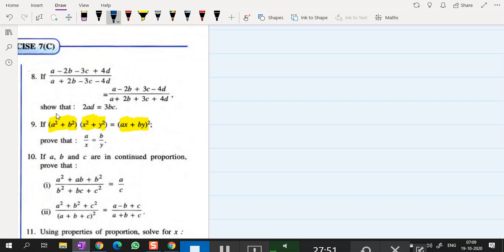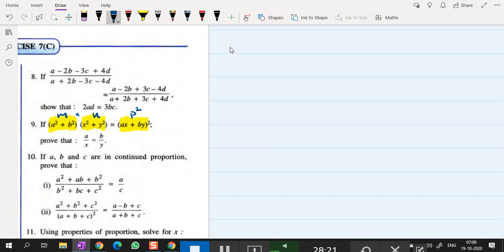Just imagine that this is m, this is n, and this is p square. So m into n is equal to p square, just like a into c is equal to b square. So that b square, b was the mean proportional. So here the mean proportional is p, that is ax plus by.